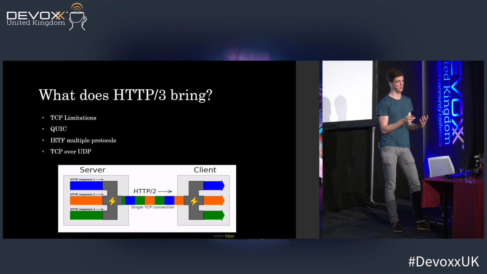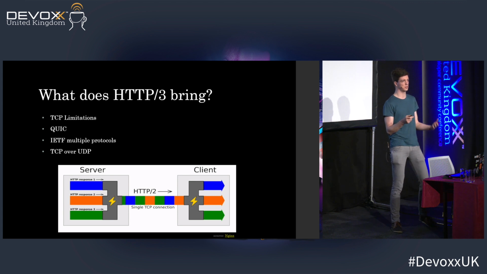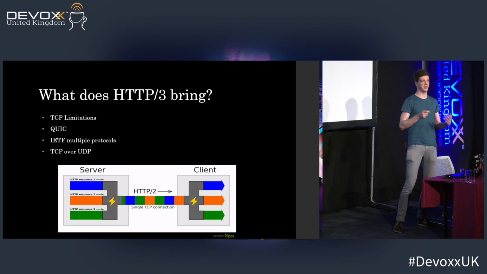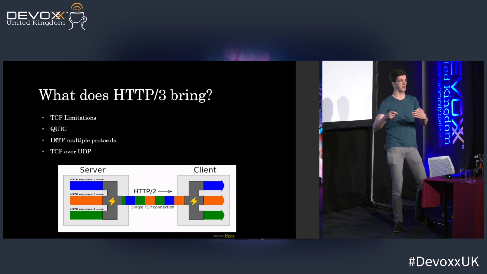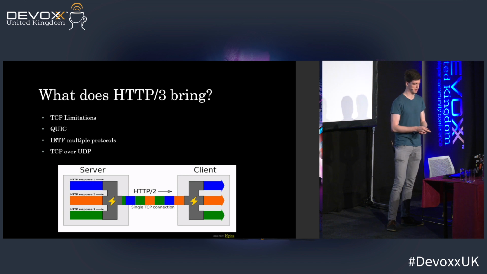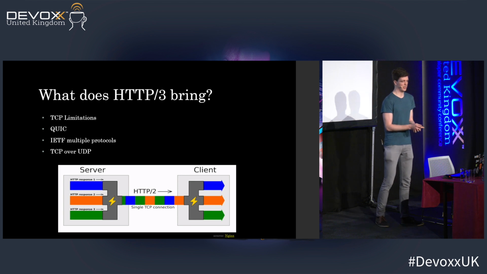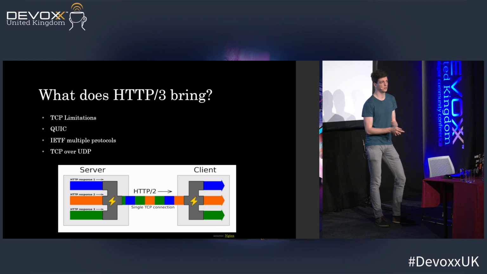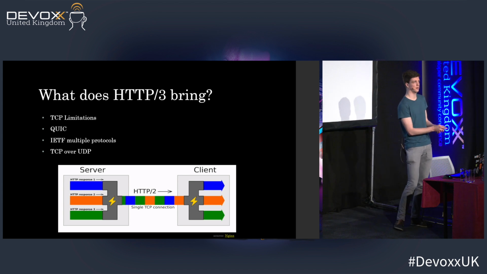So we solved the problem of head-of-line blocking by using multiplexing here, but we created another problem of head-of-line blocking on a lower level with packet loss, basically. So Google started making the QUIC protocol actually back in 2013 already.